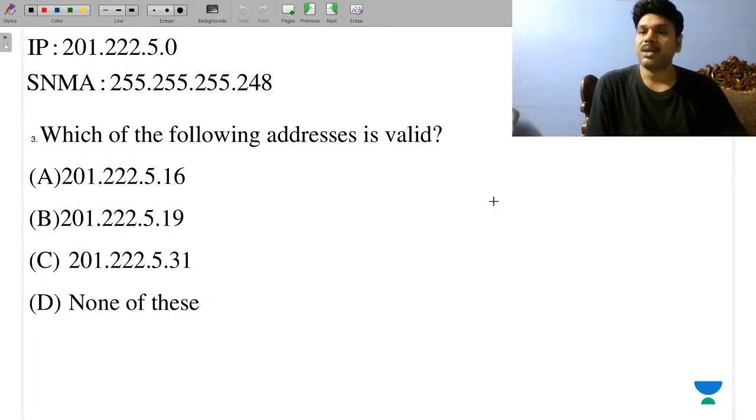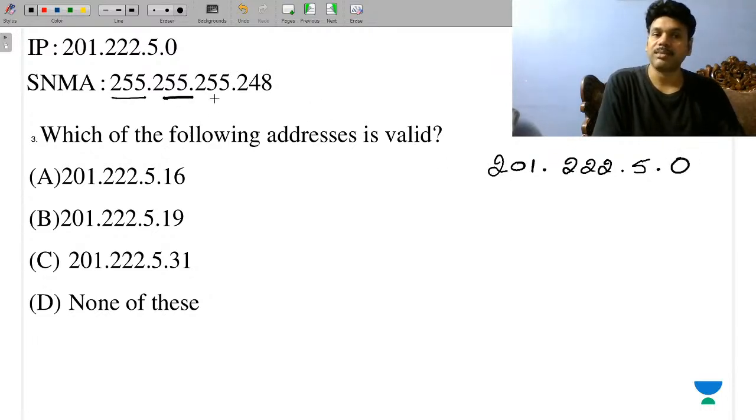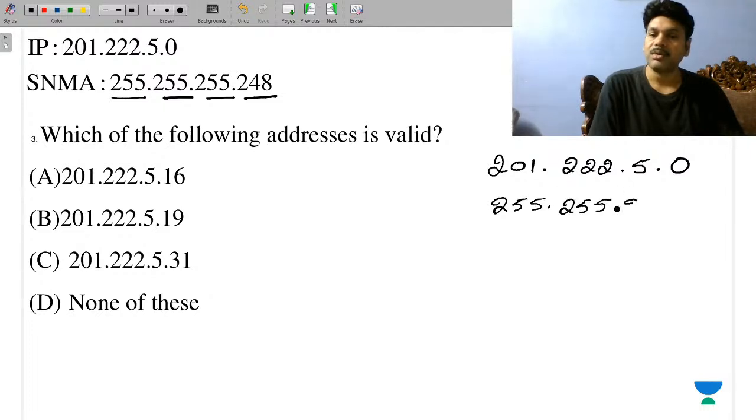Very similar to that, but he asked in a different form. So I'm going to take 201.222.5.0. As this is given, a class full marks. You need to understand the classes now because the mask is mentioned: 255, 255, 248.